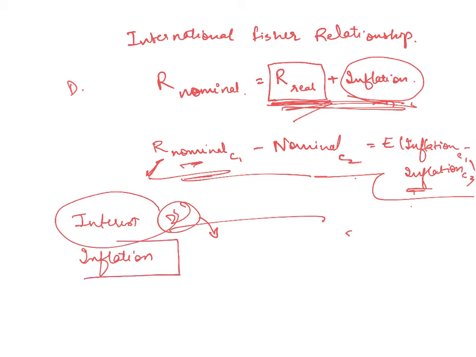Then we jumped on to a relationship between interest and inflation. Now we're going to find out the relationship between inflation and the exchange rates. That is what we're trying to do, because as I told you, the end result is to estimate or find out the expected forward or future spot rates.